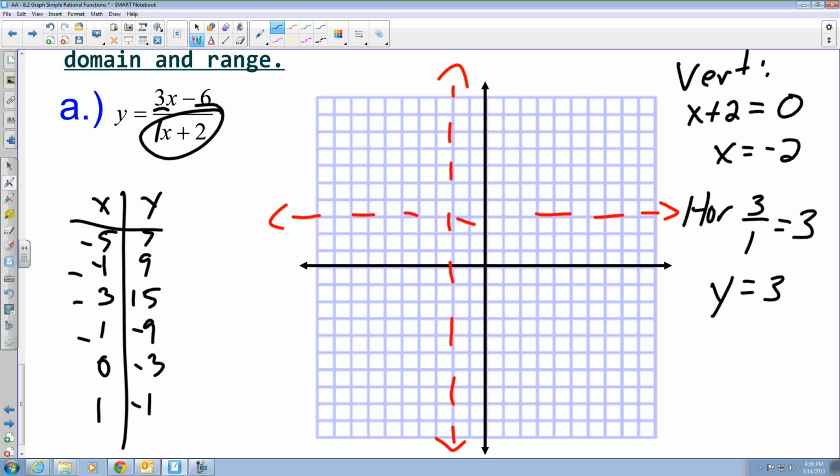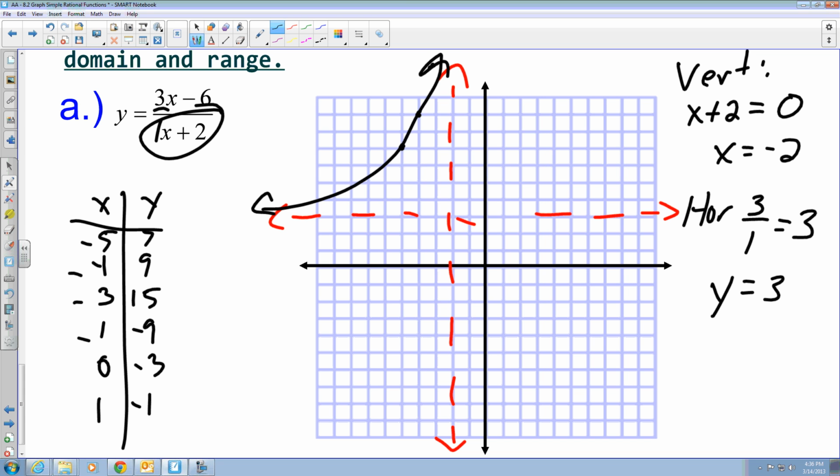So if I plot these points here, I'm going to go 1, 2, 3, 4, 5, and then I got 7, which is somewhere right there. 4 and 9, so it's up there, and then we realize that 15 is somewhere up here, so make that line look something like this.